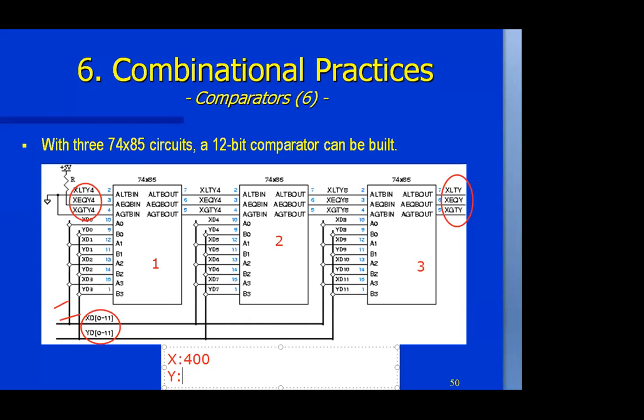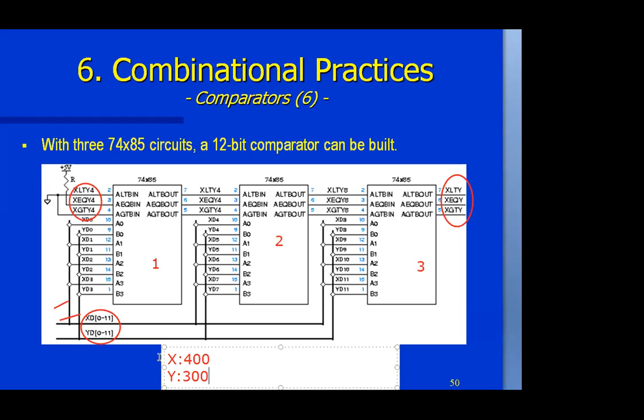All the remaining bits are identical. The MSB digit 4 is compared with 3. Even though the remaining bits are identical, we can simply say X is less than Y. The output will be X less than Y.